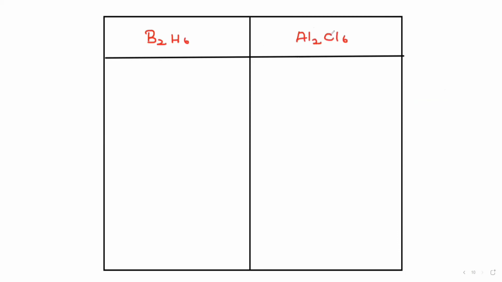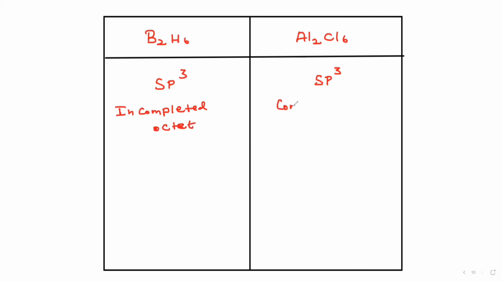Here Al2Cl6. First point, hybridization: both boron and aluminum are sp3 only. Okay, this is sp3, right? Here sp3 only. And second, this is an incomplete octet because of 6 electrons. Incomplete octet. This is completed, right?